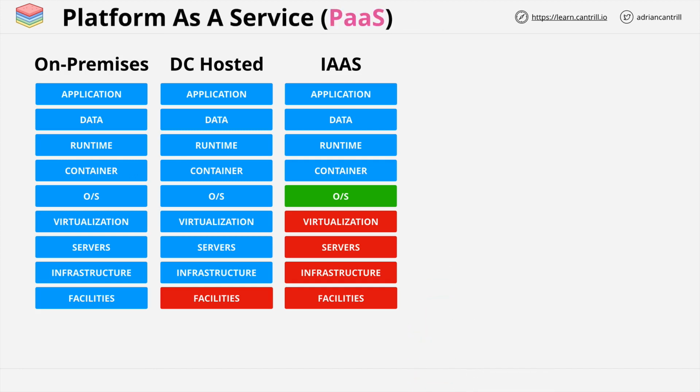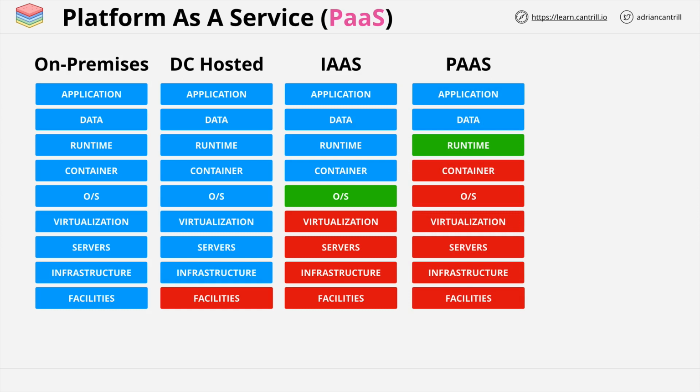Another popular service model is Platform as a Service, or PaaS. Now, this service model is aimed more at developers who have an application they just want to run and not worry about any of the infrastructure. With PaaS, your unit of consumption is the runtime or the runtime environment. So if you run a Python application, you pay for a Python runtime environment.